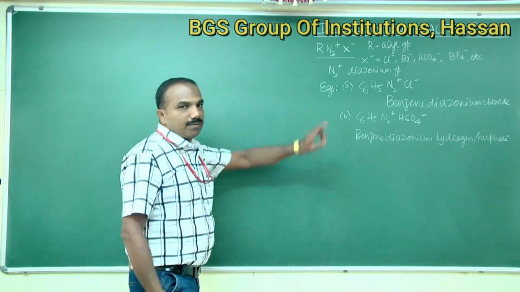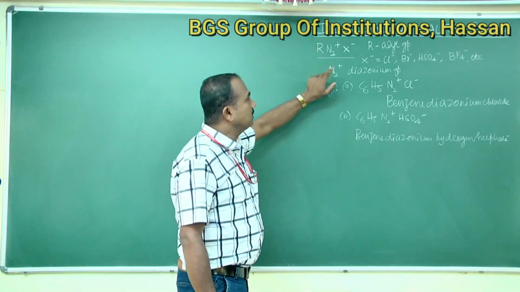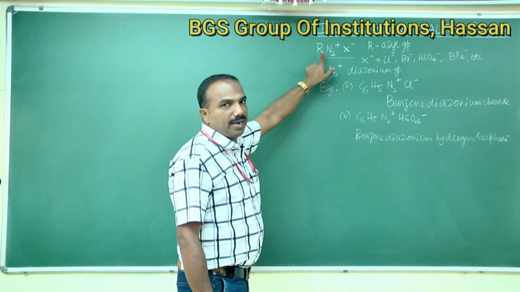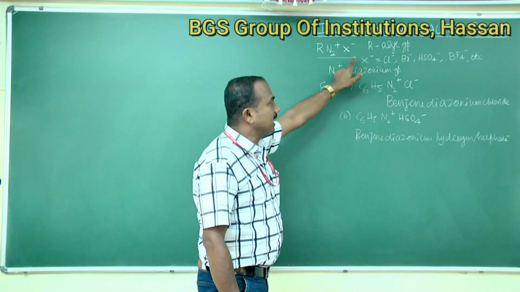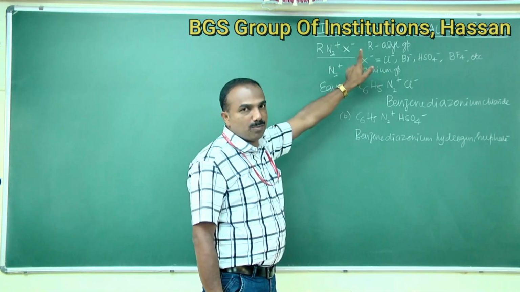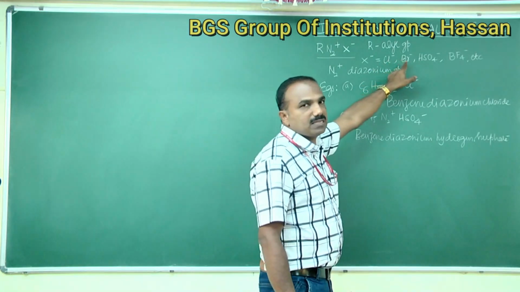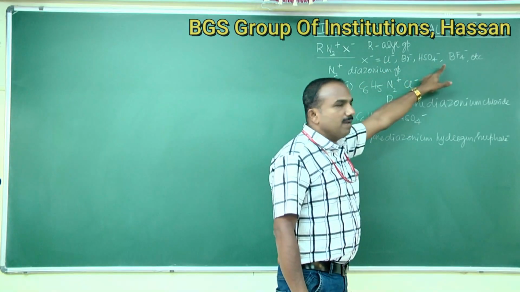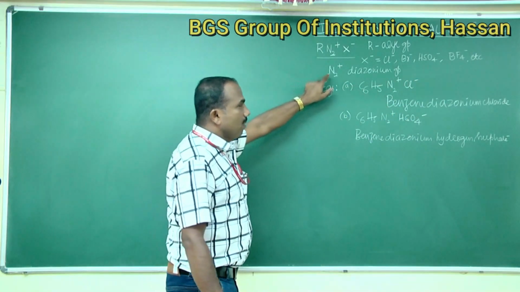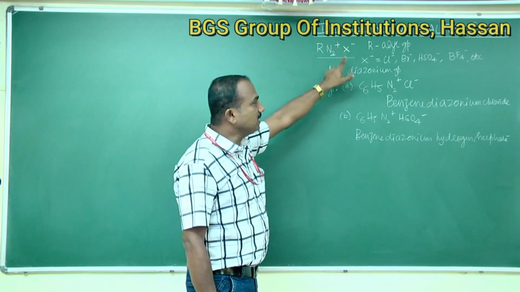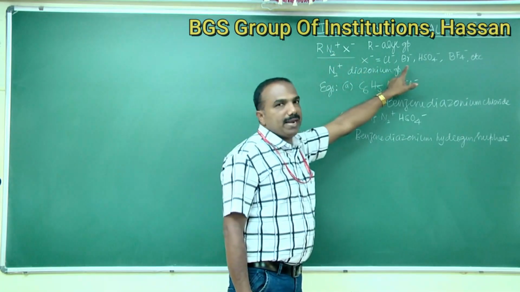So, what are diazonium salts? Organic compounds having the formula RN2+X- are called diazonium salts, where R is an aryl group. It is only an aryl group, not an alkyl group. X- may be Cl-, Br-, I-, HSO4-, BF4-, etc. They are named by suffixing the diazonium group to the parent hydrocarbon.